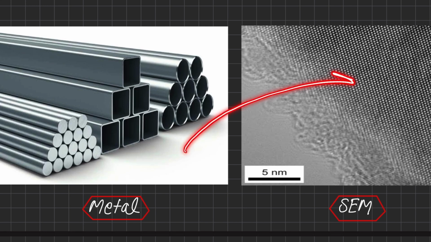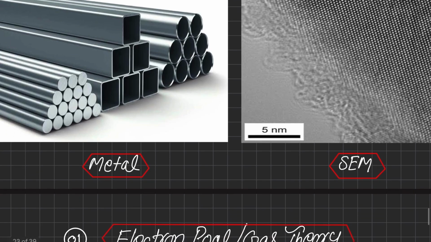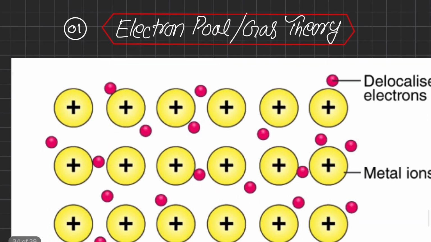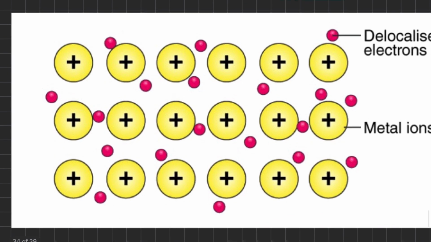If we take the scanning electron microscope image, or SEM image, we are seeing here the atoms of some metals. It appears that these atoms are in the form of spheres. We have to address all these characteristics, and that is why we are starting our lecture with the electron pool theory or electron gas theory.